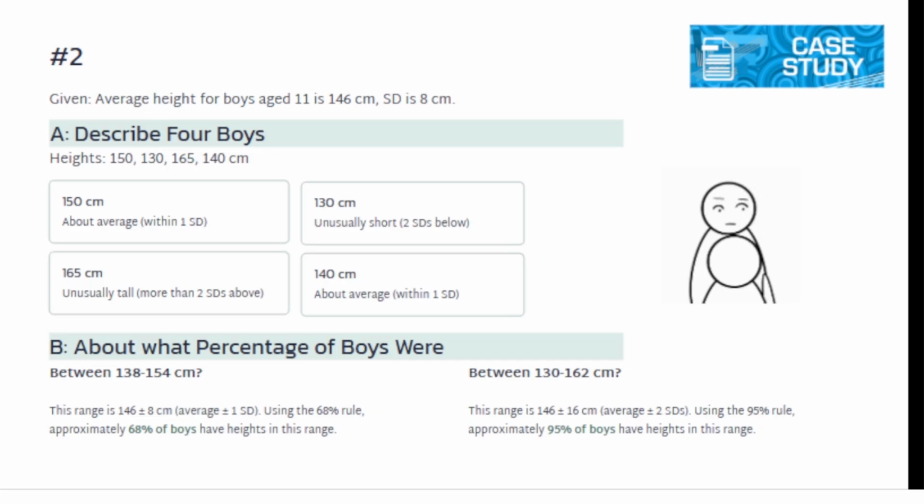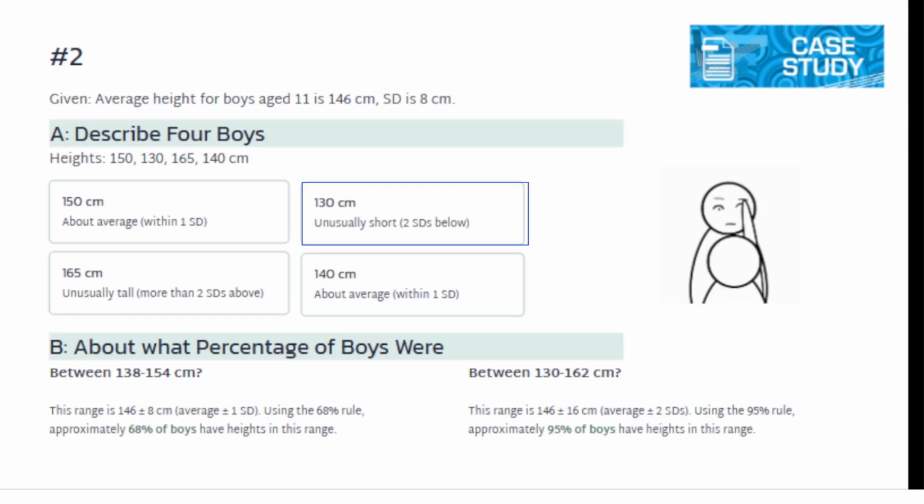How about 130? How many standard deviations lower is it? It is 16 centimeter lower than the average, and 16 centimeter is 2 standard deviation, and 2 standard deviation is at the very extreme. Remember, 5% of the data fall more than 2 standard deviation above or below the average, and so you describe this height as unusually short.